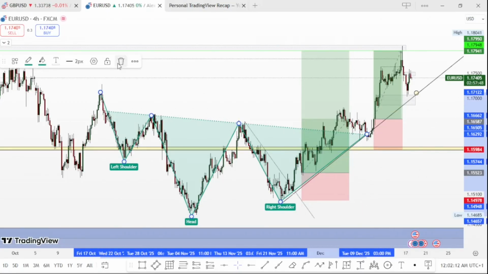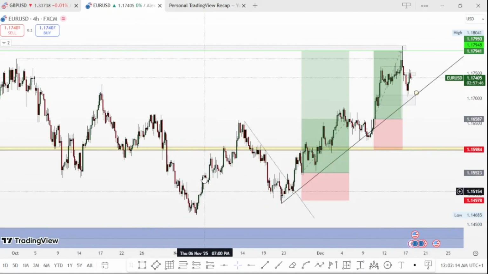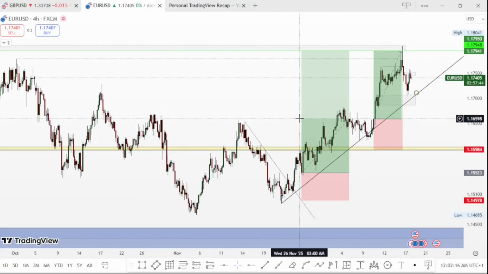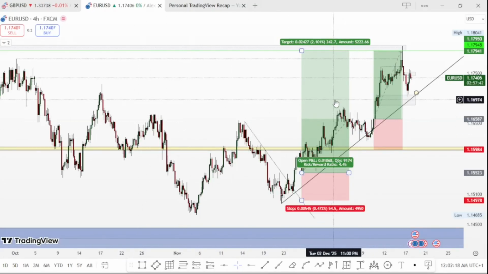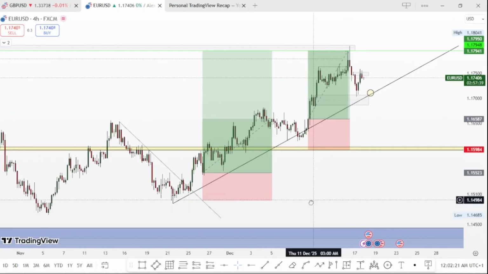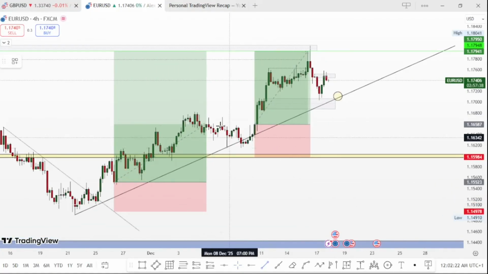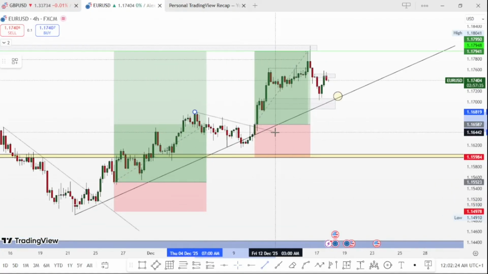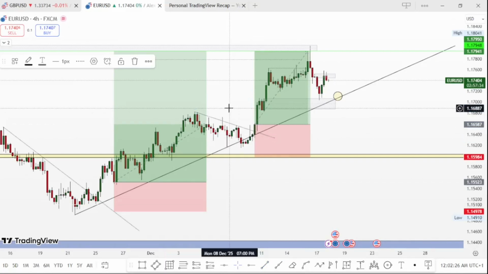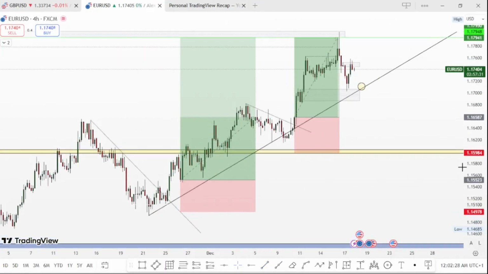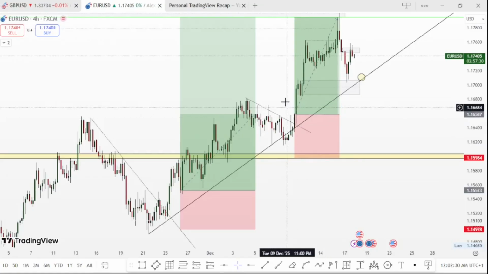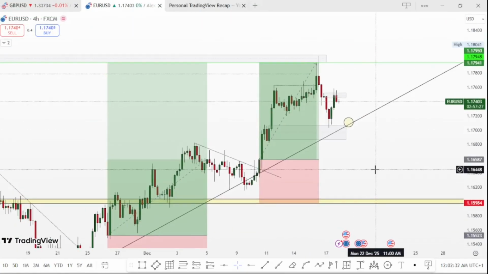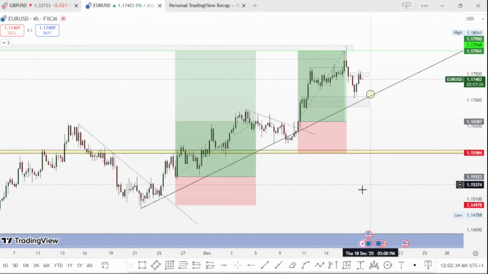So that was it. Inverse head and shoulders with a double bottom confluence, and the neckline got broken and retested. I simply pulled out my second counter trend line for this 4 candle and I entered the trade. Very simple and straightforward.